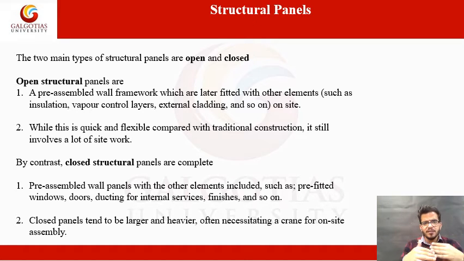If we compare the open and the closed system, a closed panel tends to be larger and heavier than the open system, but it is much easier to install a closed structure system than an open structure system. When we talk about the prefabrication system in structural panels, usually in India we are much more towards the open system rather than the closed structure system.